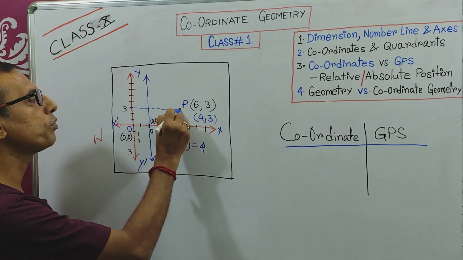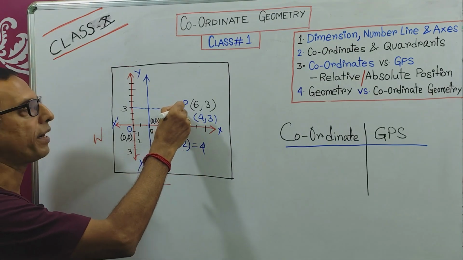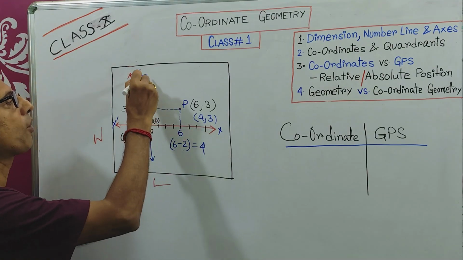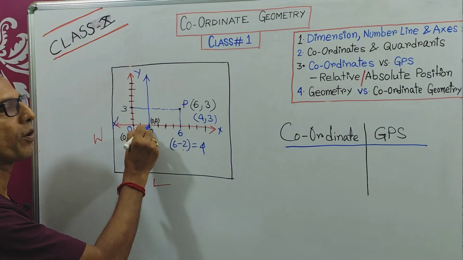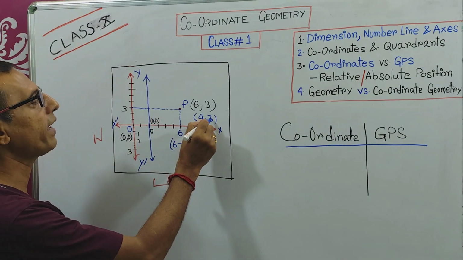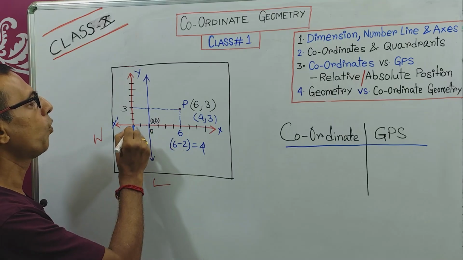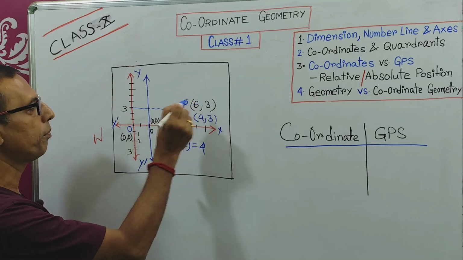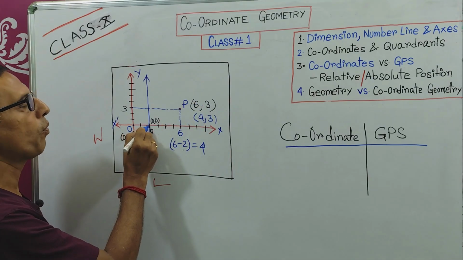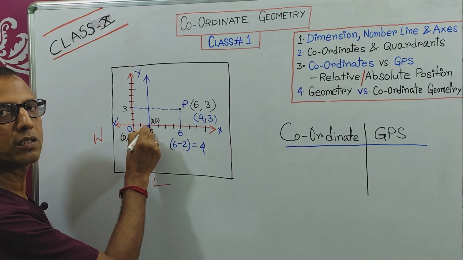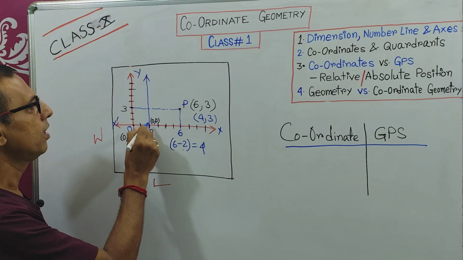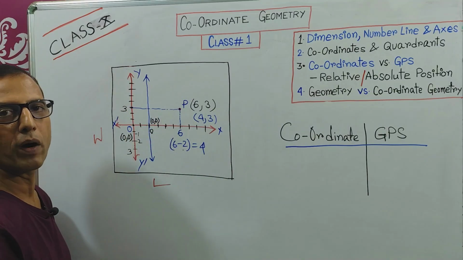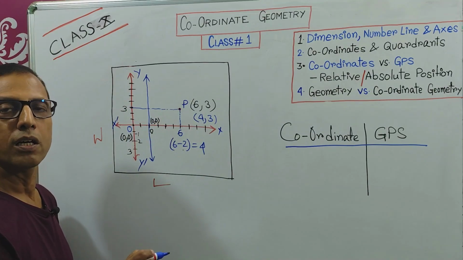So even though the actual position of the point doesn't change, the coordinate of the position changes because of the movement of the origin. The ordinate doesn't change, since only the y-axis has been moved towards the right side. Now it may even happen that both the x-axis and y-axis change their position, right?